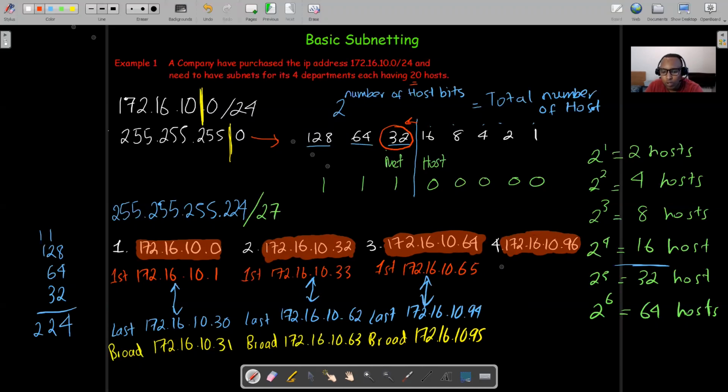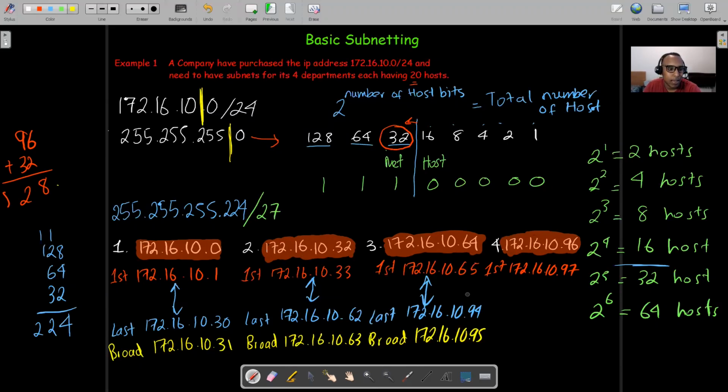And lastly, for our fourth subnet, the first IP address will be 172.16.10.97. So for our fourth subnet, to calculate our broadcast address, what we're going to need to do is find out what our next subnet will be. So by doing that, we just quickly, if you look over to the left, it's going to be 96 plus 32, which was our increments for our networks. And that'll be 6 plus 2, 8, 9 plus 3, 12, 128. So 128 will be the 5th subnet.